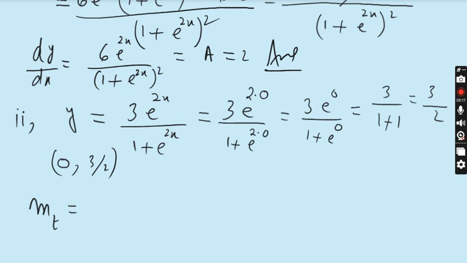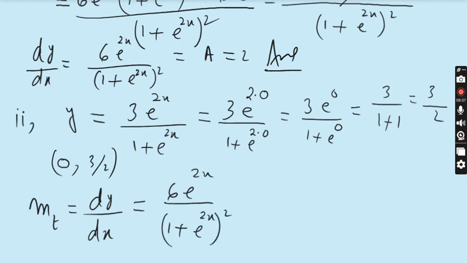So gradient of tangent we have already found, because in a curve derivative represents the gradient of tangent. So what was our answer of derivative? 6e power 2x upon (1 plus e power 2x) whole square.